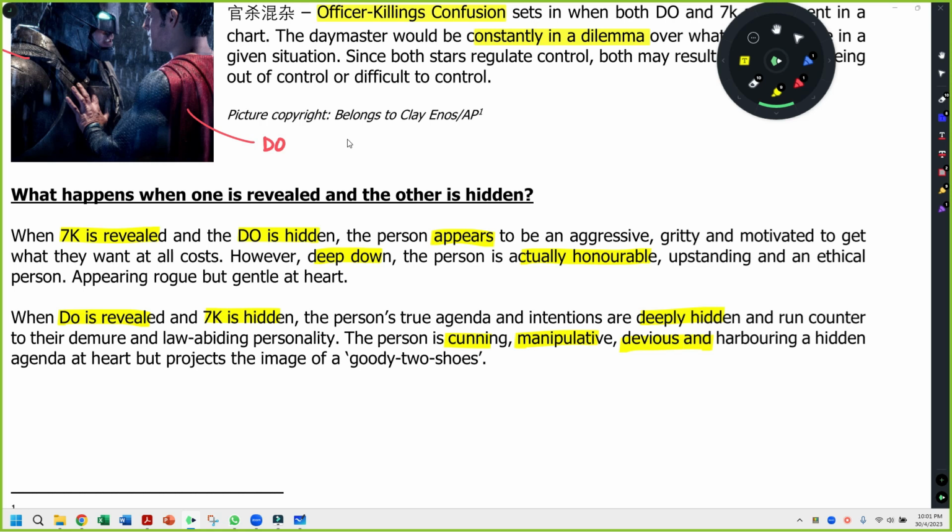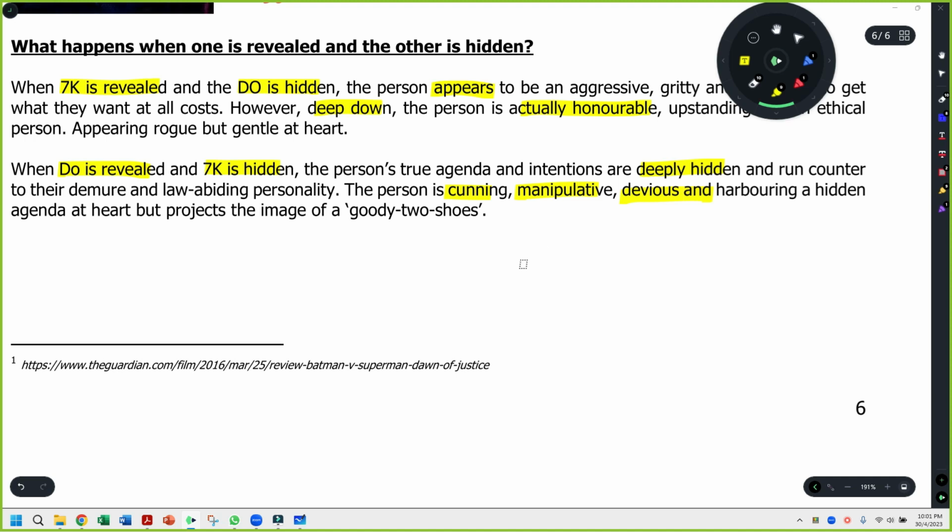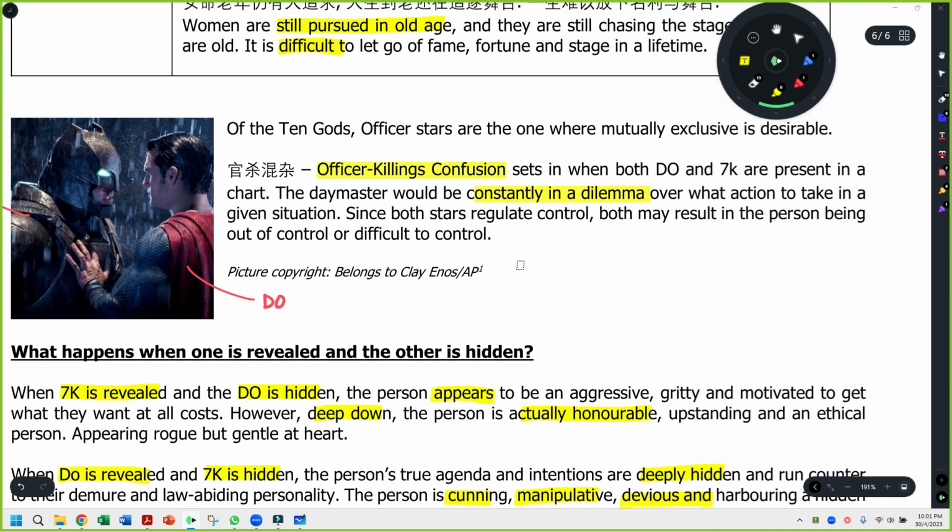Therefore, this represents how we can perceive and read the chart as a person who is cunning, manipulative, devious, and others. So in all simplicity, servant killing and direct officer, we don't like to see them.